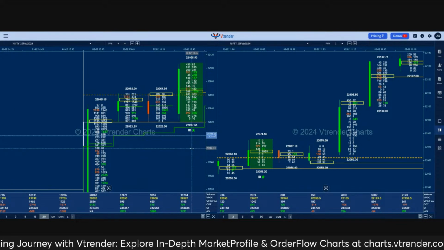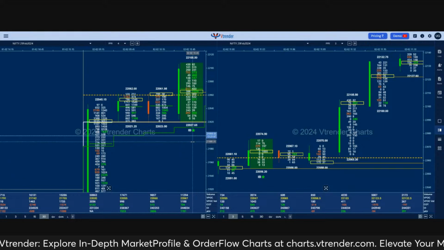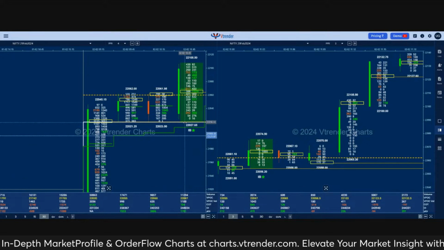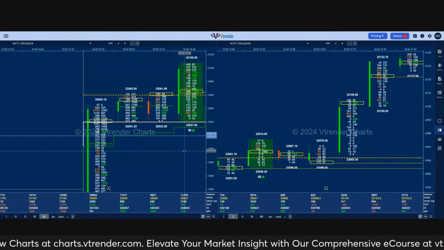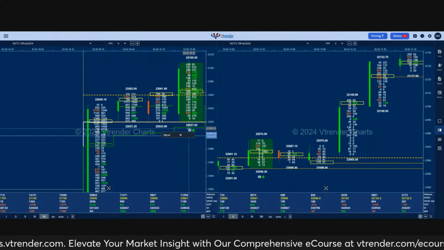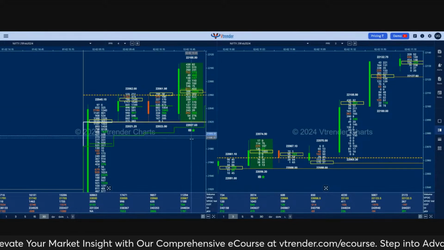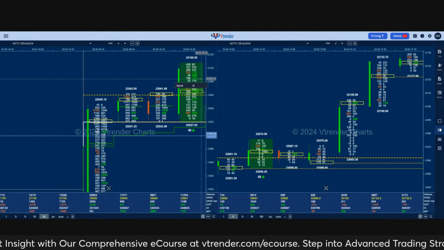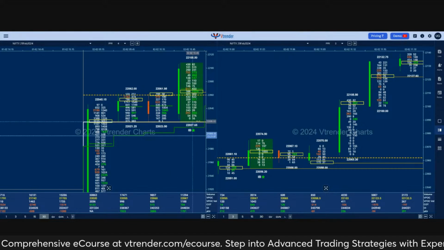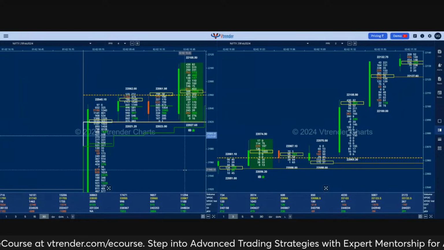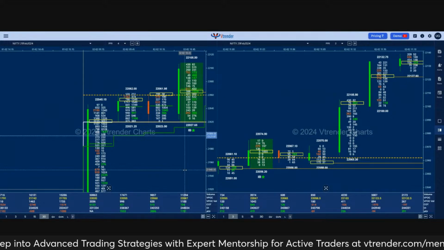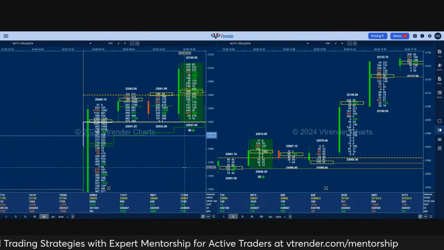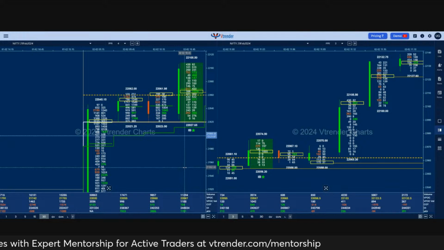And for all good practical reasons, the low of this 30-minute IB becomes our swing reference for that day because it is right above VWAP, and we expect this to hold because of the open and the fresh IB. So once this breaks, we know that the bullishness has been negated. This is how we will keep trailing our levels as per the fresh signals.